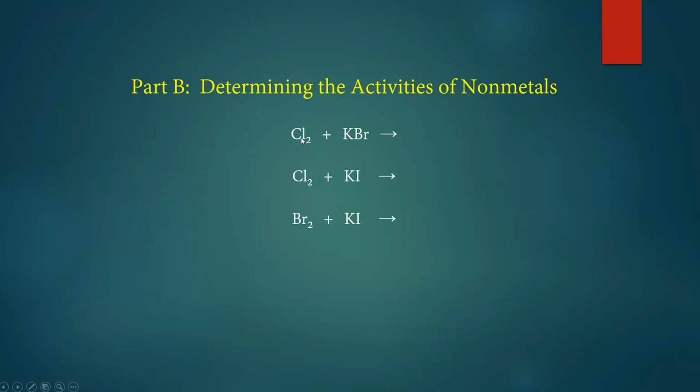For example, if this first reaction were to happen, the chlorine would trade places with bromine, and the appearance of bromine should give us a nice orange color. If the second reaction occurred, the colorless chlorine would be replaced by purple iodine, and we would see a lovely purple color appear. So we're going to use those colors as indicators of a chemical reaction taking place.